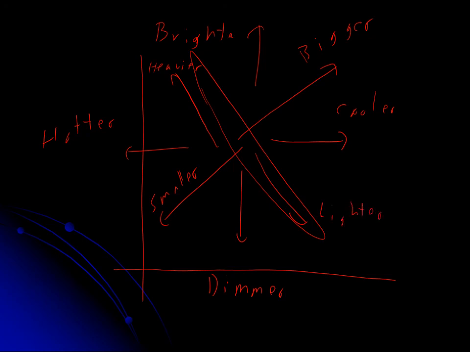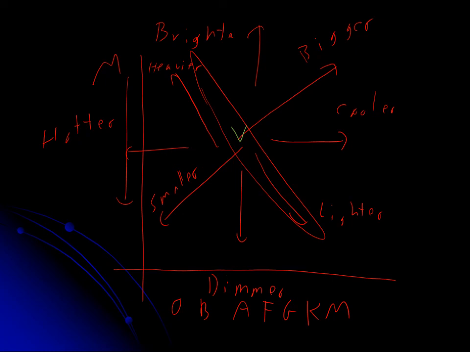What you know is that this is O, B, A, F, G, K, M across here. We know the absolute magnitudes get bigger going down. We also know that everything on the main sequence is Roman numeral 5.